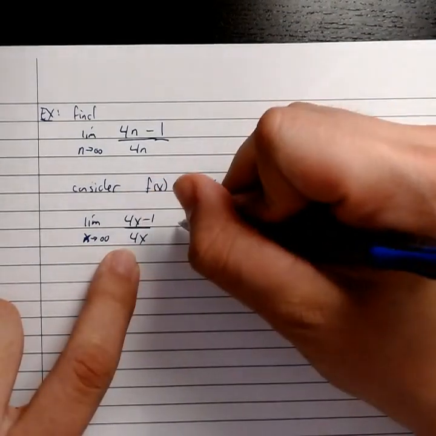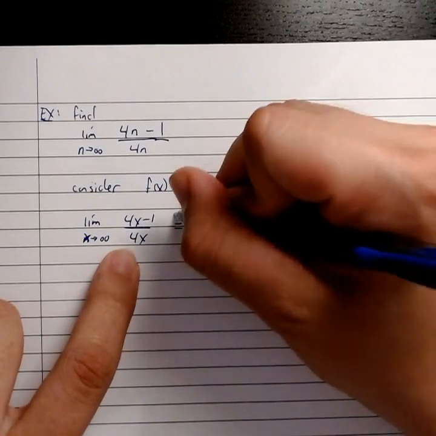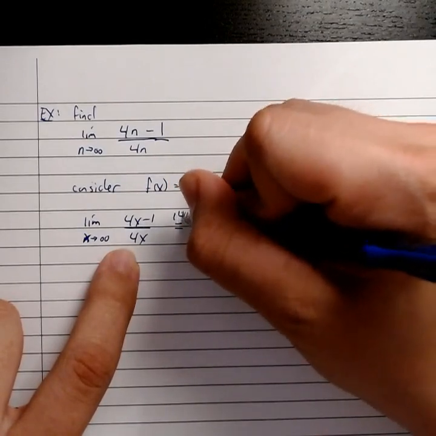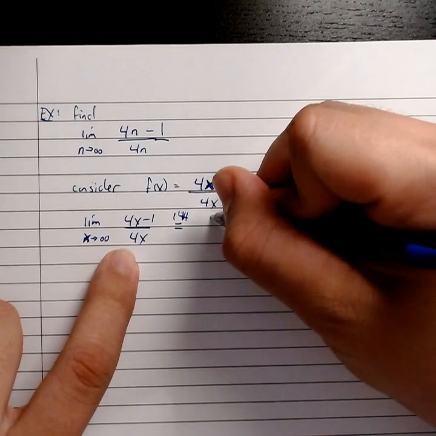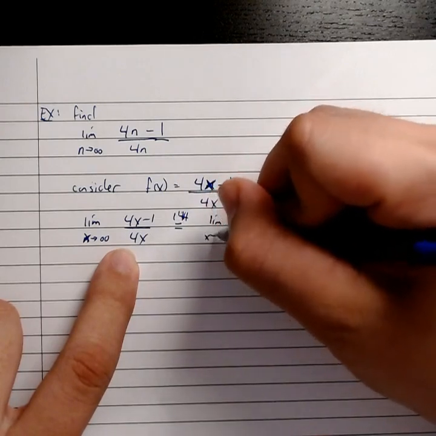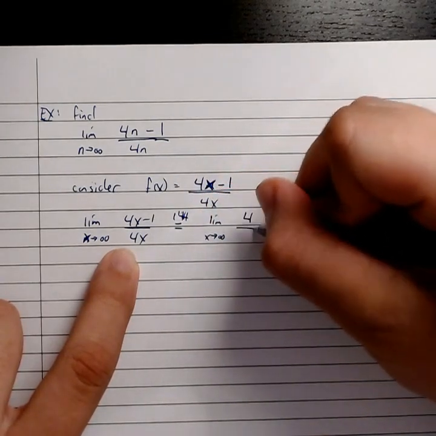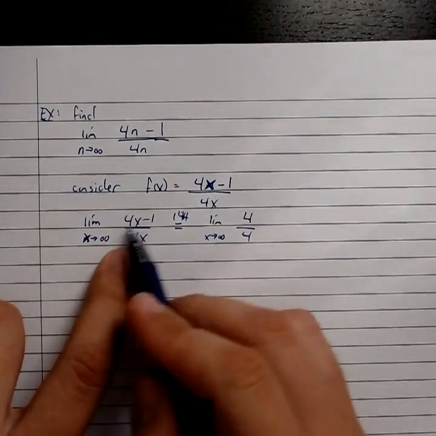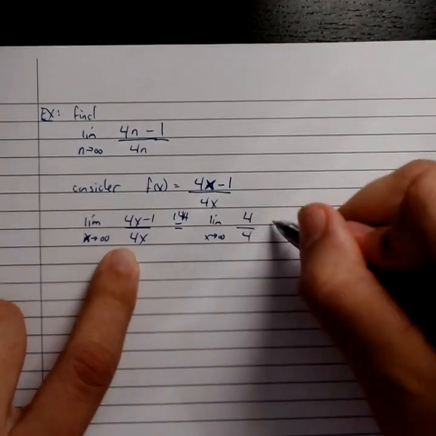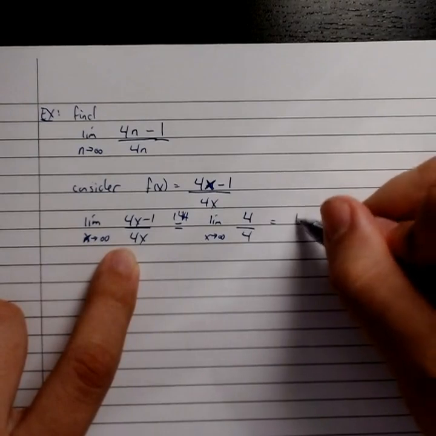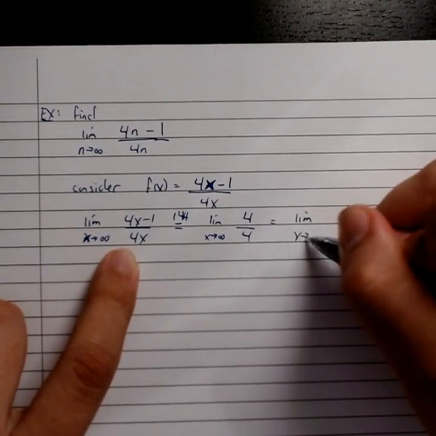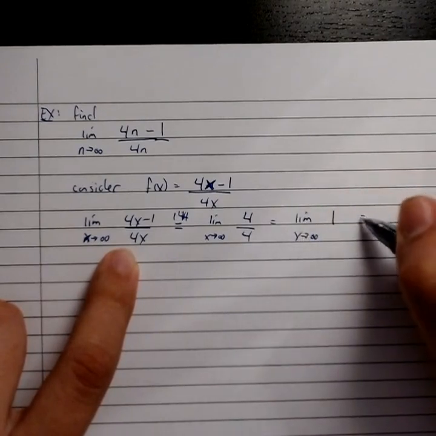But since we've seen L'Hopital's rule, we can do it a little bit shorter. By L'Hopital's rule, that's the limit as x approaches infinity of 4 over 4, because that's the derivative of the top over the derivative of the bottom, which, of course, gives us the limit as x approaches infinity of a constant 1, which is 1.